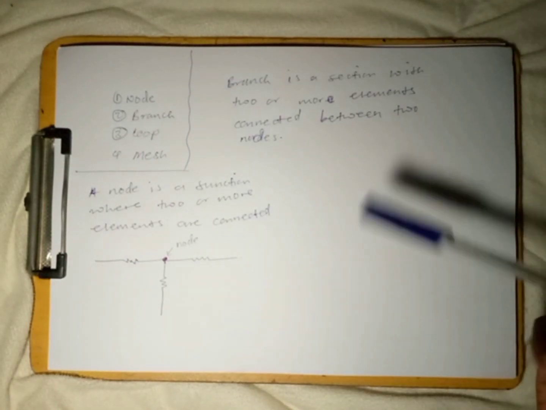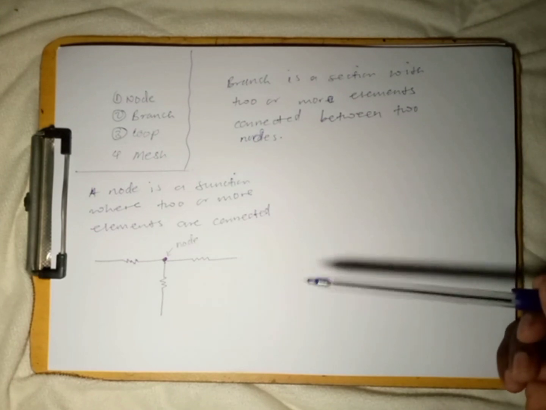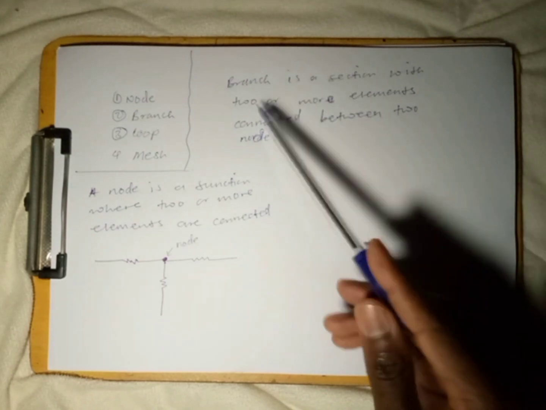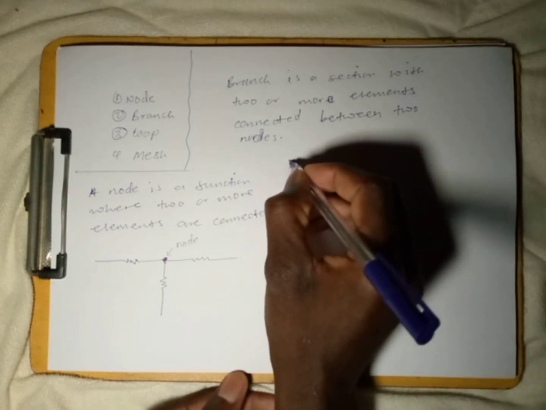By the way, a branch can just be something which has an element connected between two nodes. It can either be two elements or a single element. Sometimes you can also say that is a branch.